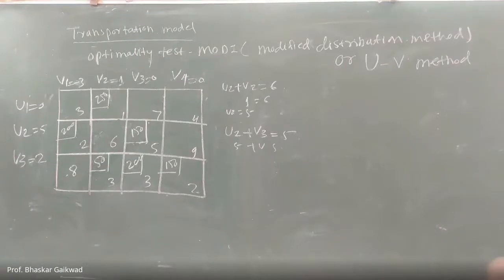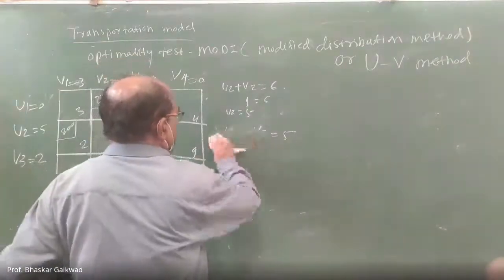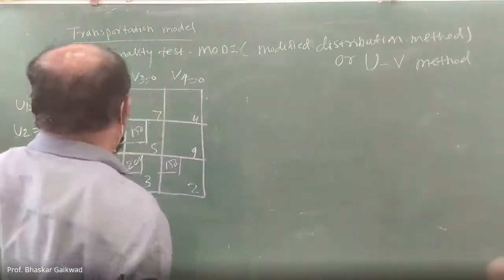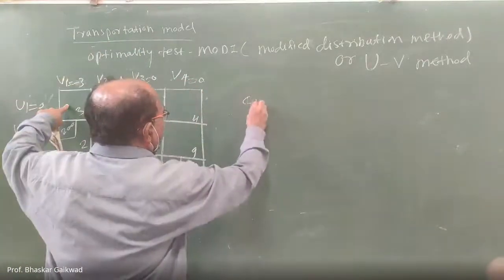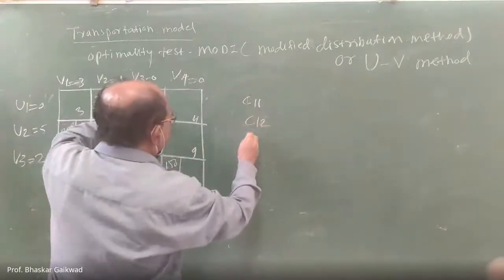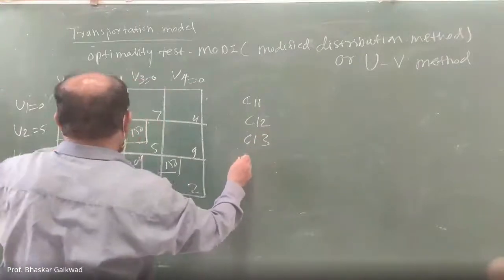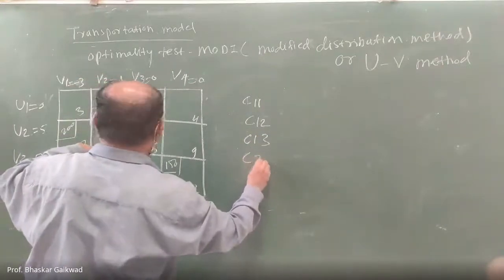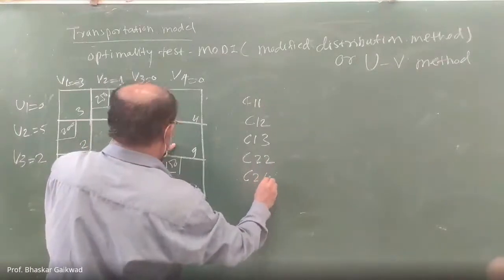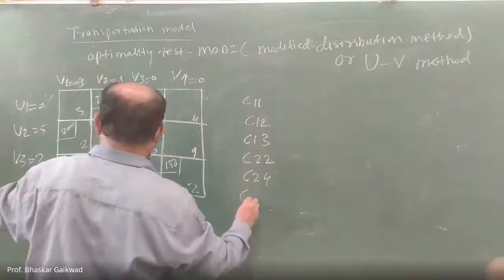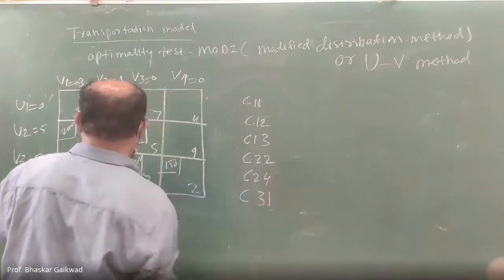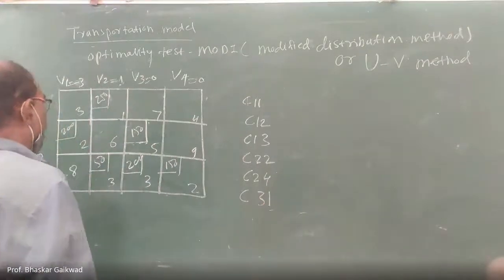Now you can take this penalty number of allocated cells. So here C11, C12, C13, C22, C24, C31. Allocated cells.